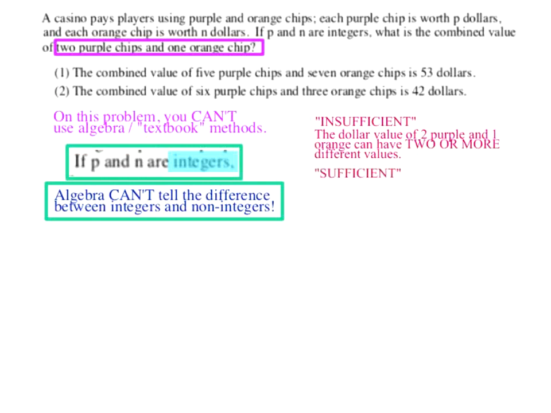Sufficient means that at the end of the day, there's only one dollar value for this combination. So 2p plus n is the dollar value of this. Each purple chip is $p, each orange chip is worth $n. So let's just make a table. Let's test cases for statement 1.